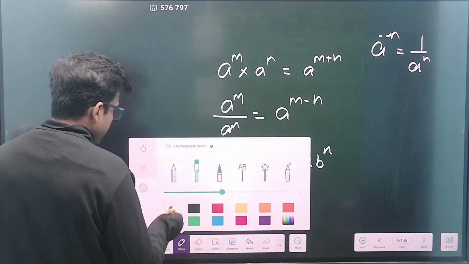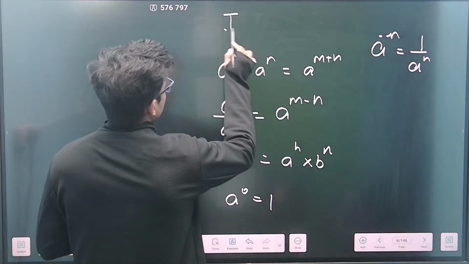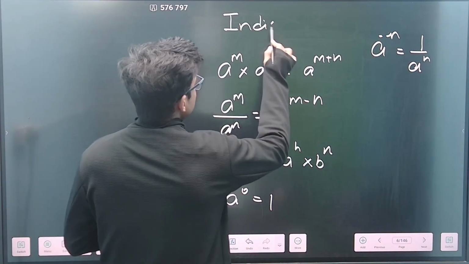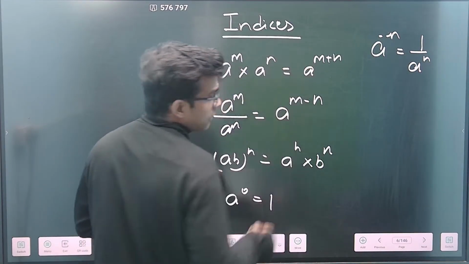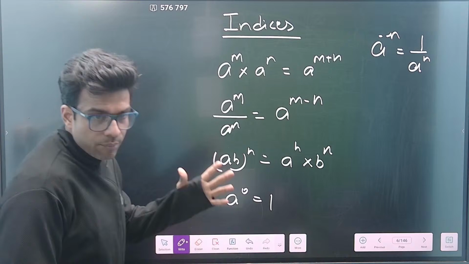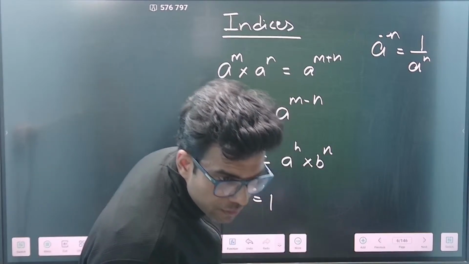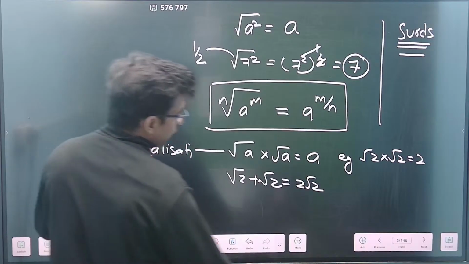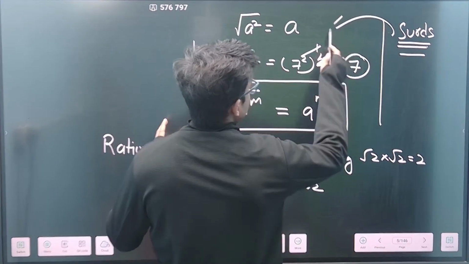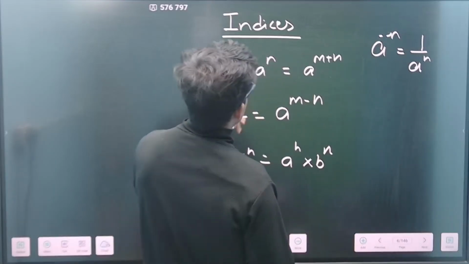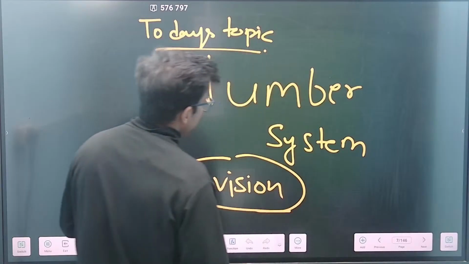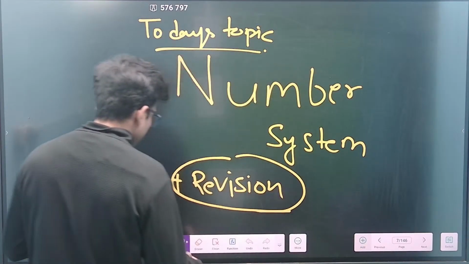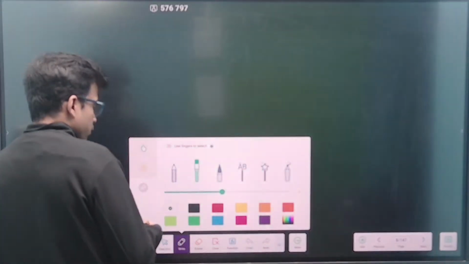So you can see this is basically called surds, and these are basically called indices.